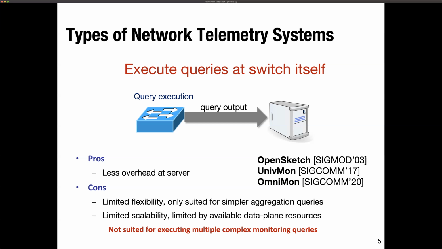So even though you are compiling the query in the data plane, because you have limited resources in the data plane, you have to compromise in terms of how many queries you can run or for what volume of data you can run those types of queries, right?